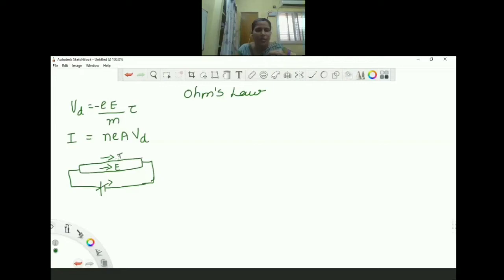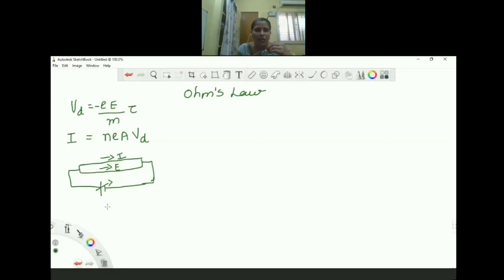You have already learned Ohm's law in your 10th standard. According to Ohm's law, at constant temperature, the steady current flowing through the conductor is directly proportional to the potential difference between the two ends of the conductor. So the temperature should be maintained constant.